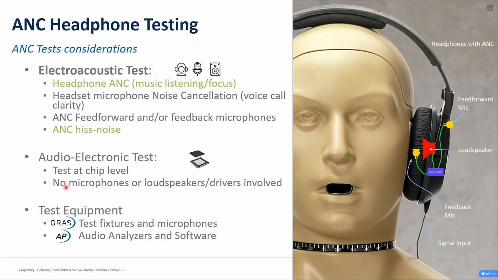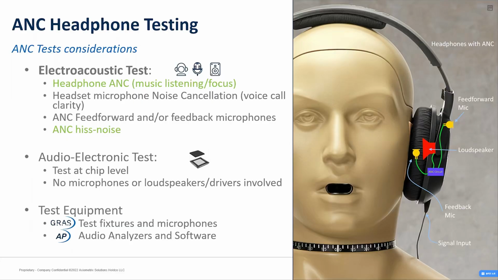Now we need to have some considerations so we are all on the same page when it comes to the meaning of ANC testing. First of all, we have to make a distinction. We have the electroacoustical tests and we have the audio electronic tests. Let's start with electroacoustic tests. This is basically when we have microphones and/or loudspeakers within our signal chain.